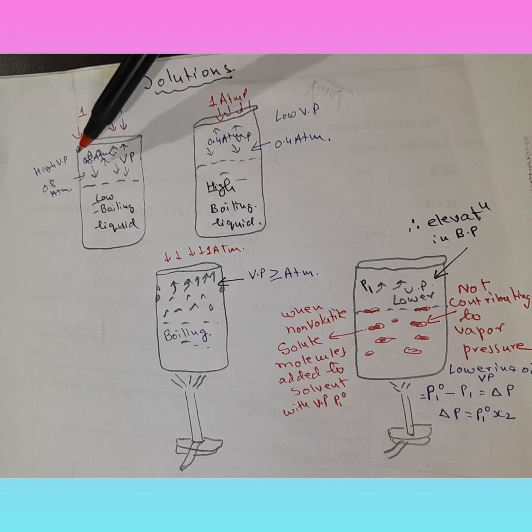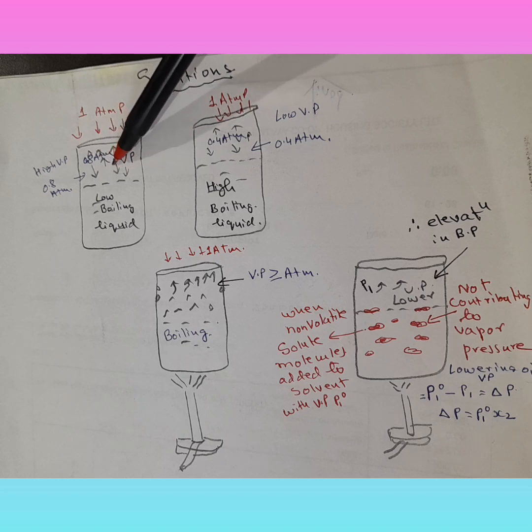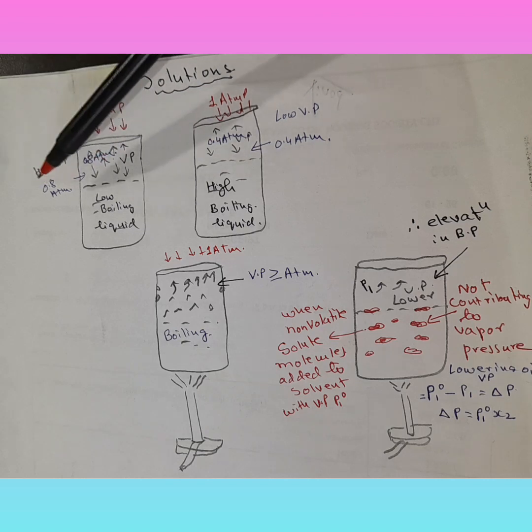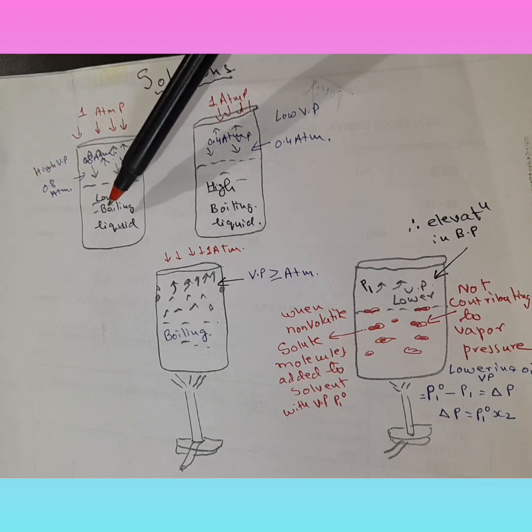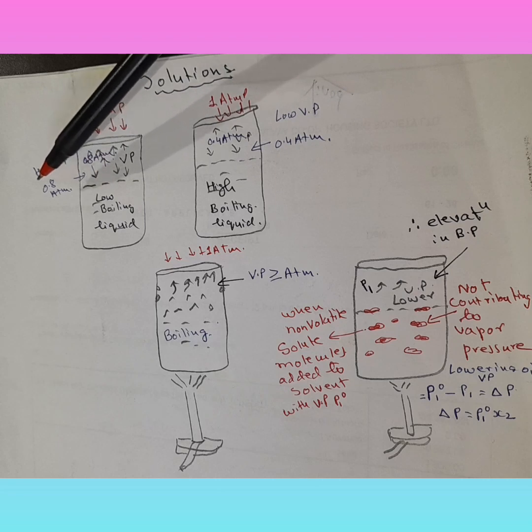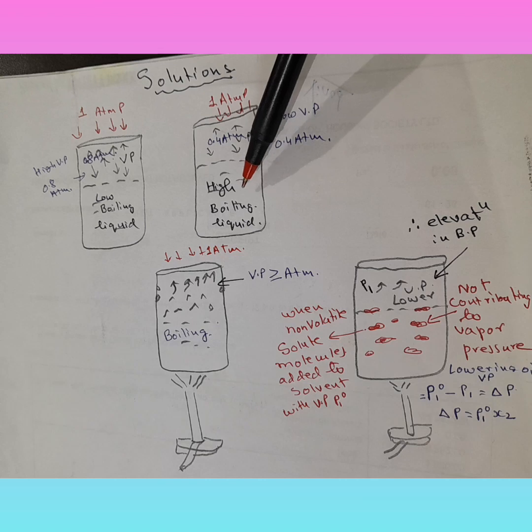Now if vapor is there, vapor pressure is also there, here as well as here. I gave a value of 0.8 atmosphere here for low boiling. Why? Low boiling evaporates more, so vapor pressure is more. I have given it a random value of 0.8 atmosphere. High boiling evaporates less, so there is less vapor pressure, so I gave it a value of 0.4 atmosphere.